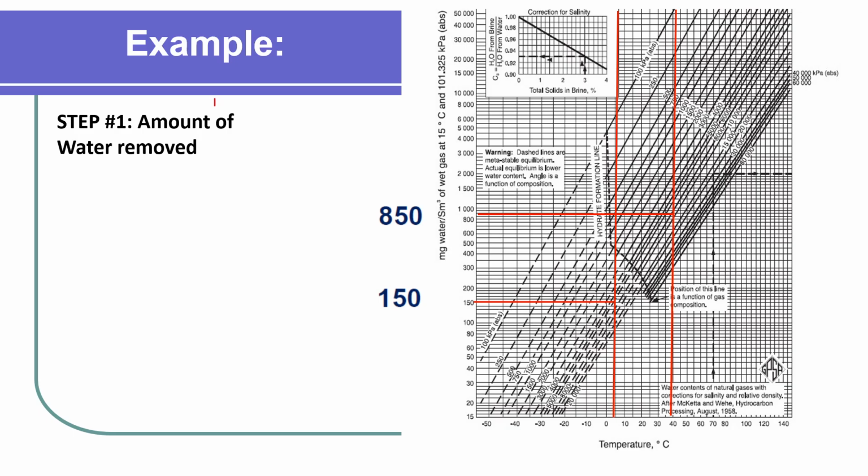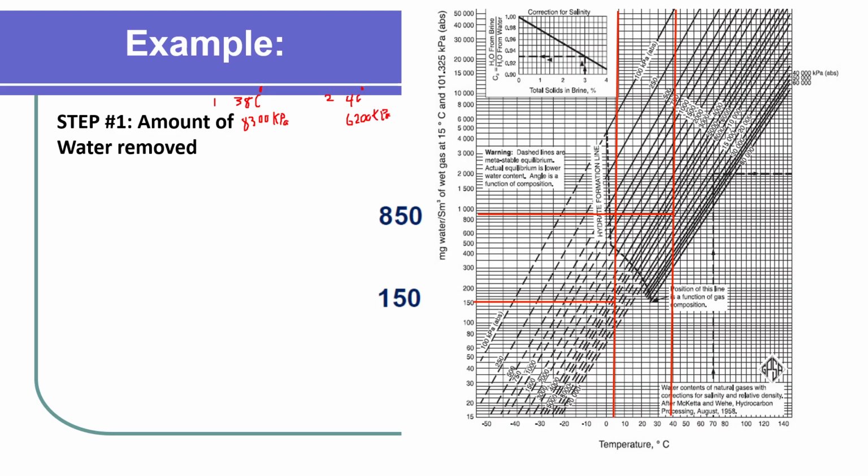You have 38 degrees Celsius and you have 8300 kilopascal. And the onshore condition, which is point 2, the temperature is going to be 4 degrees Celsius, and you have 6200 kilopascal.